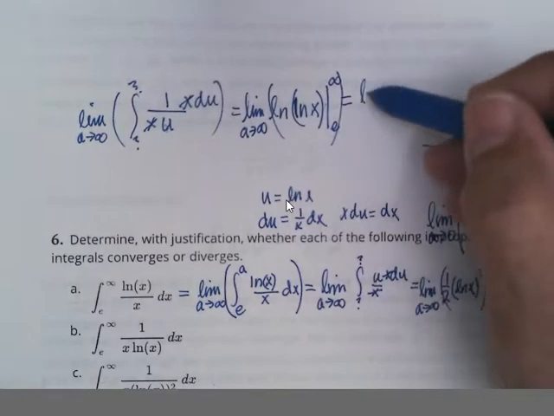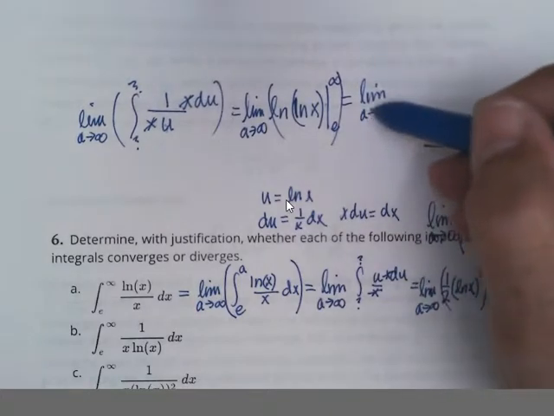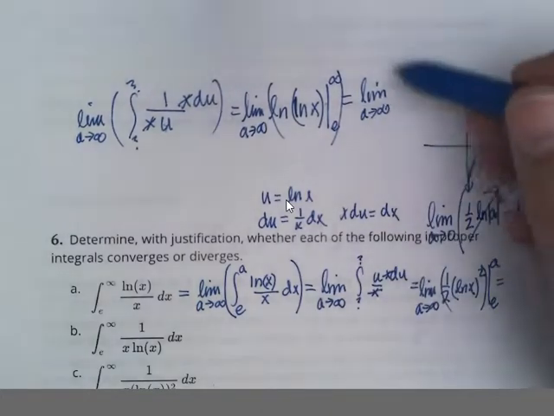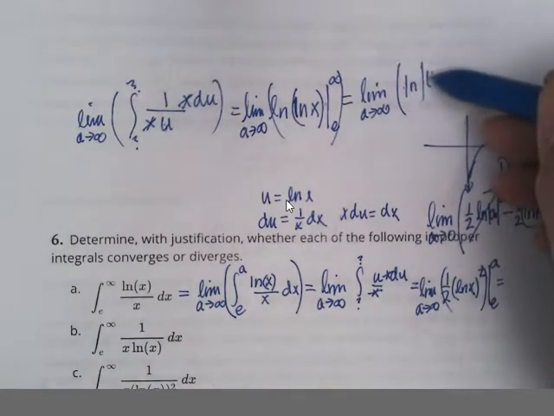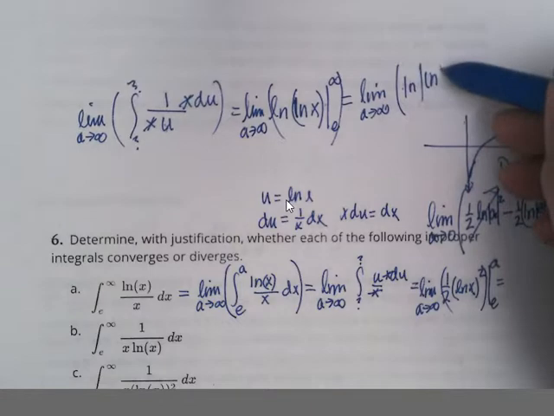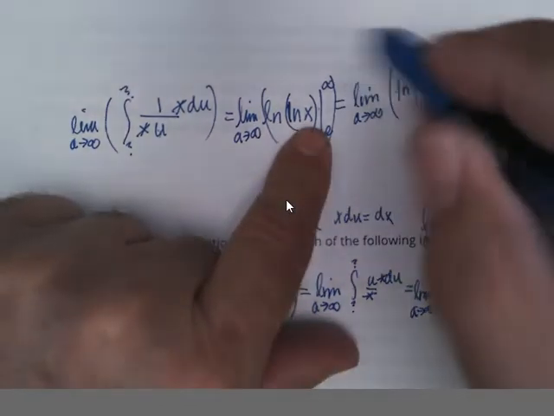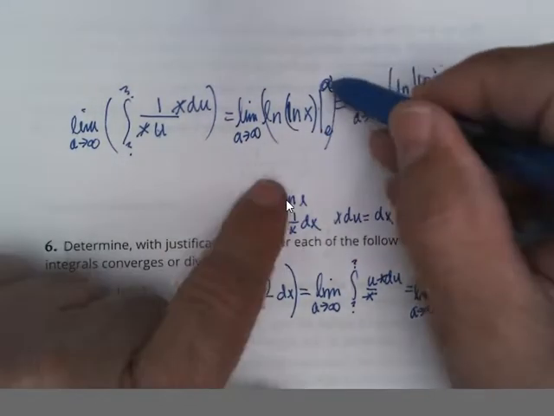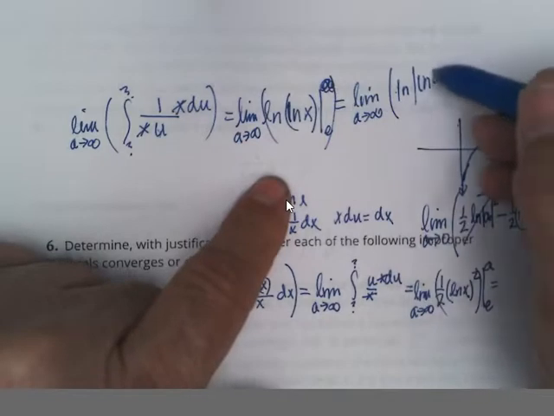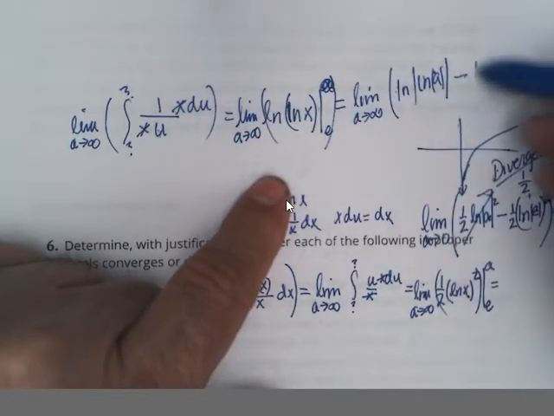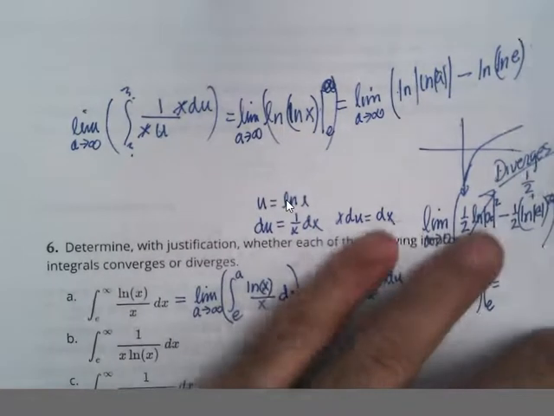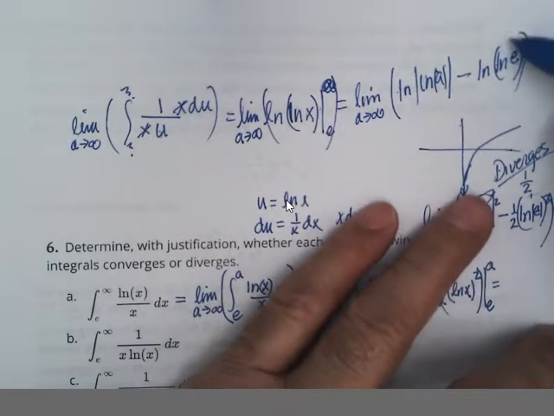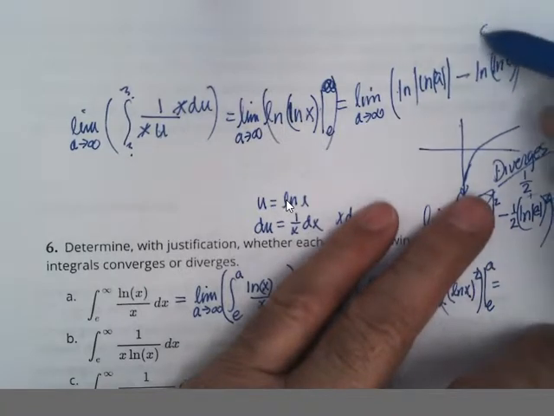So I get the limit as a goes to infinity of ln of ln of, oops, I'm putting a in here, ln of ln of a minus ln of ln of e. ln of e is 1, ln of 1 is 0.